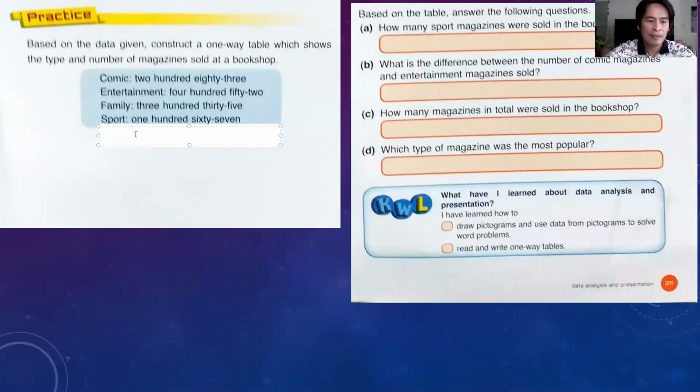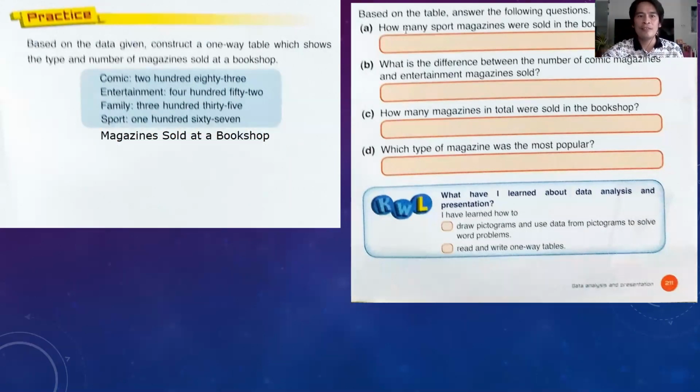You can write the title as magazines, capital S, sold, because it's a title, so it should be capital, sold at a bookshop. So that's the title.